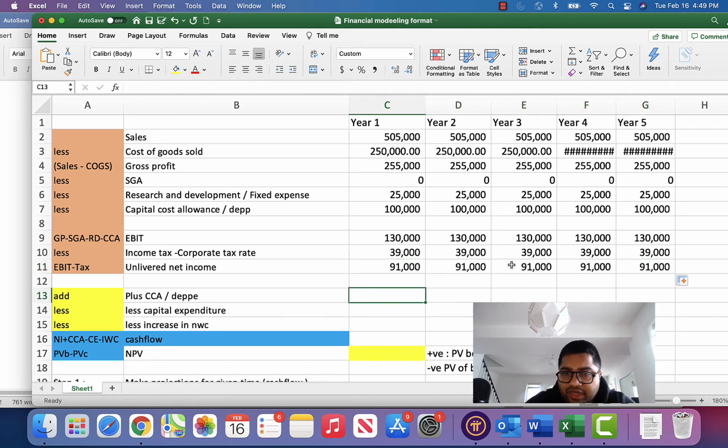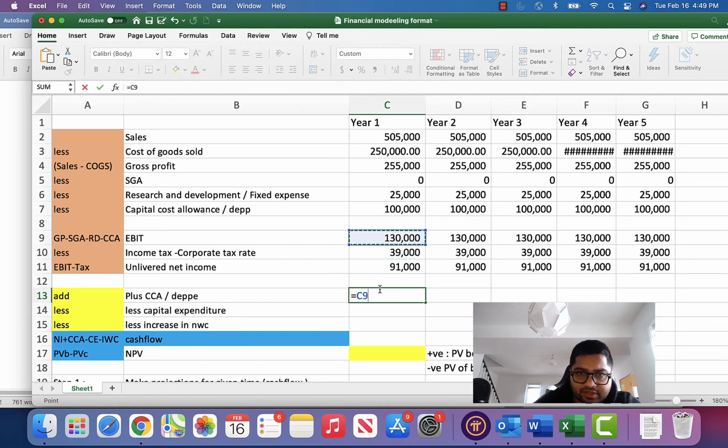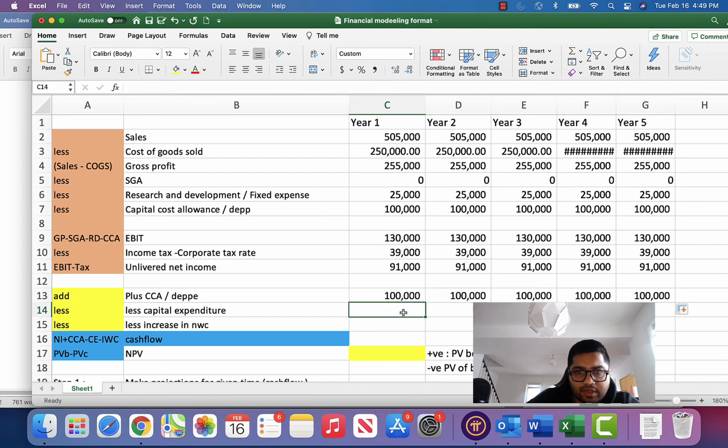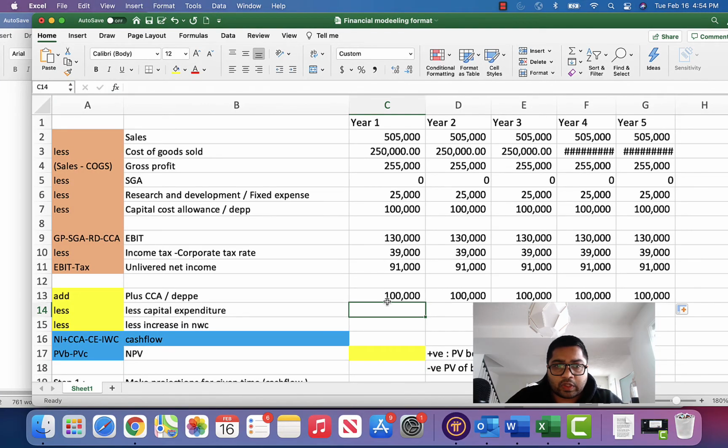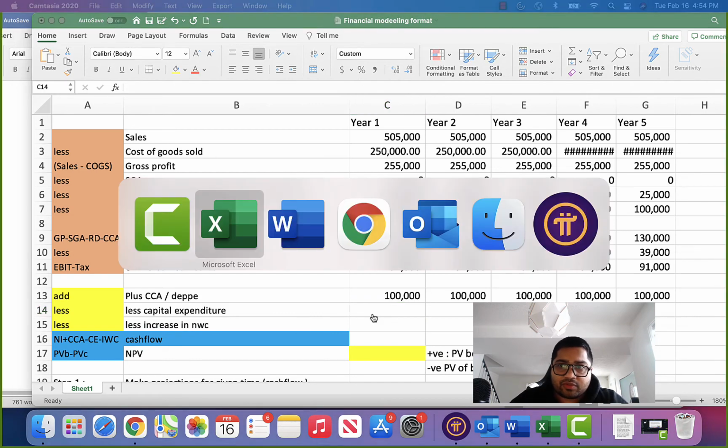Then, we never value anything based on income; we value it based on cash flow. So first, you add back CCA. CCA was 100,000, so I linked it up and copy pasted. Now capital expenditure. What have they given?